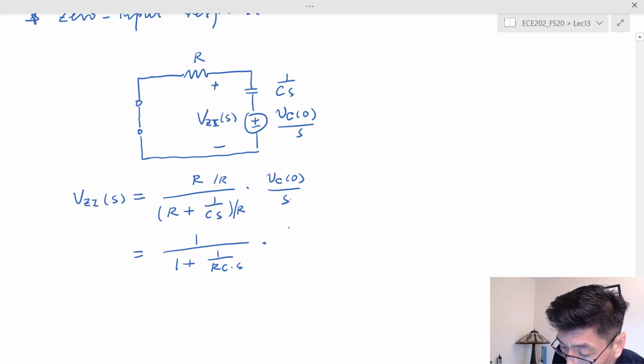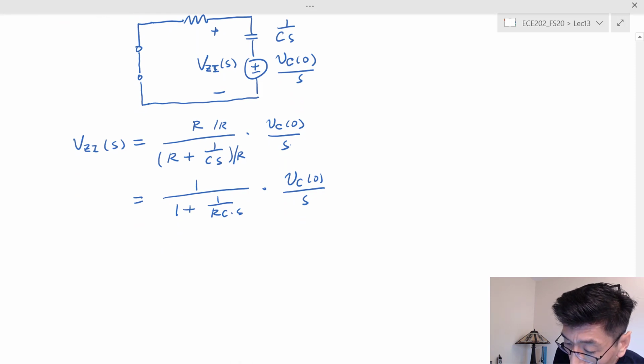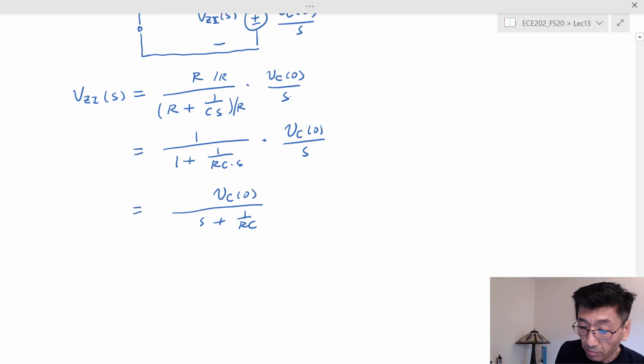And since I have V sub C0, the initial condition, over s, I multiply the s on the denominator. I get s plus 1 over RC, and on the numerator still 1. So I put the V sub C0 there. And the inverse Laplace transform is very easy, right?